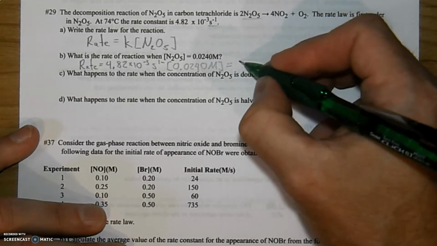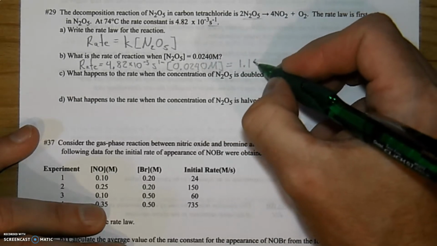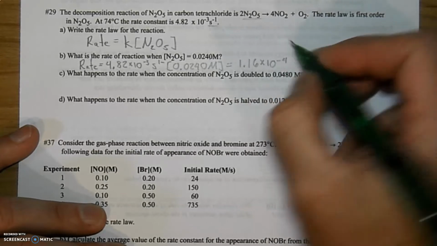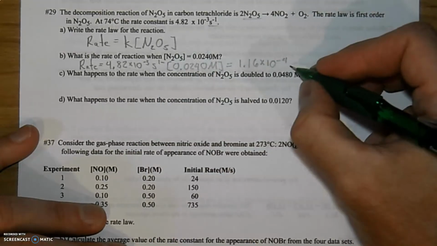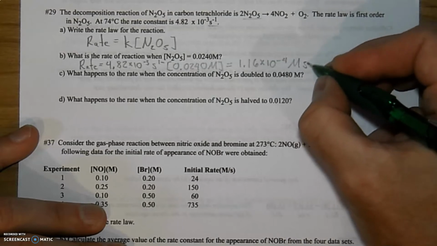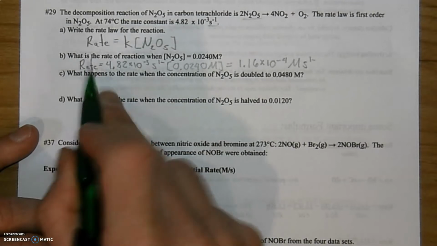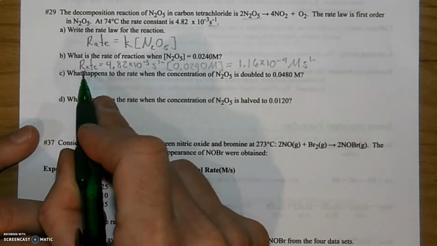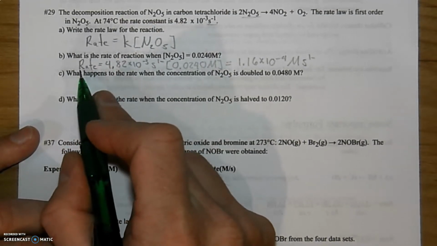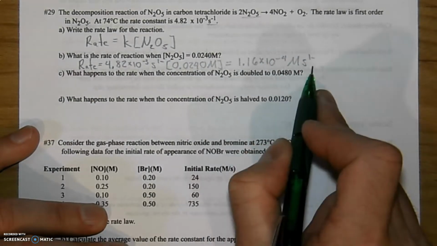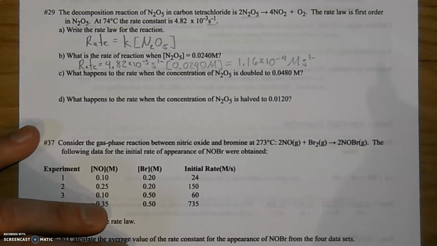The numerical answer is 1.16 times 10 to the negative 4, and the units are molarity per second, which will always be the units. When you're asked about the rate of a reaction, you are implying molarity per second. So your units every single time must be molarity per second.